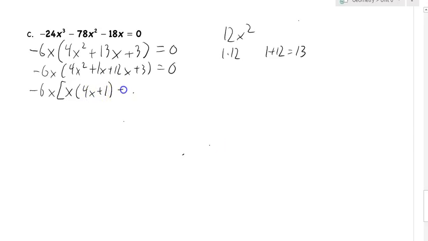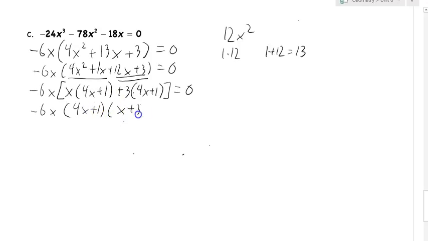And we have a common 3. We have factored, which is awesome.